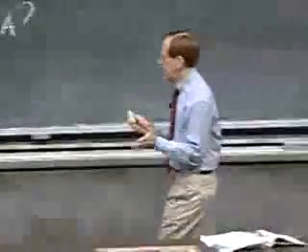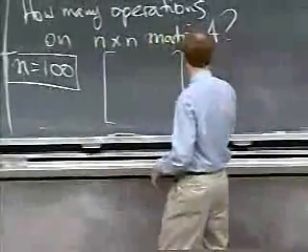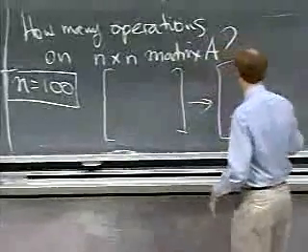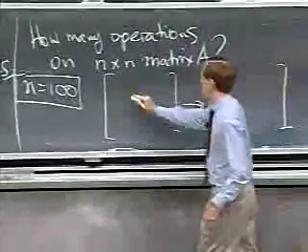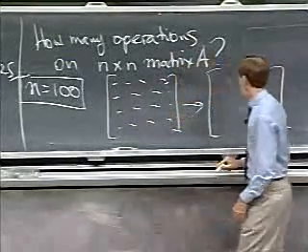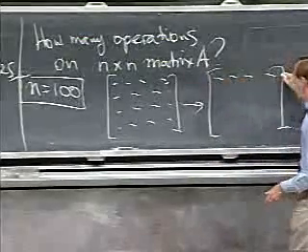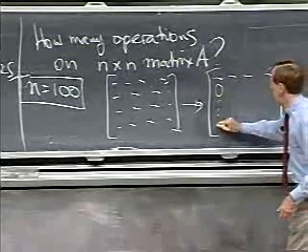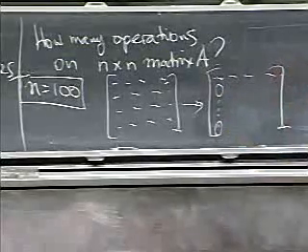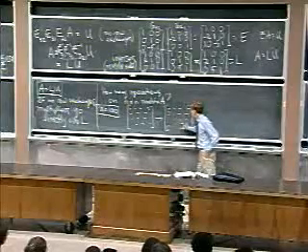But just think for a moment about the first step. So here's our matrix A, 100 by 100. And the first step will be that column has zeros down here. So it's down to 99 by 99.